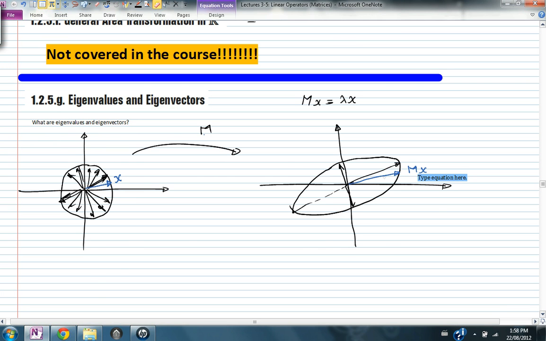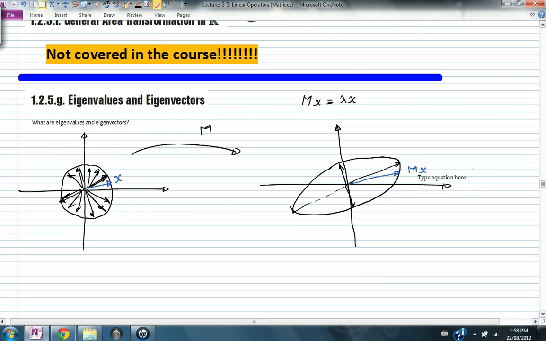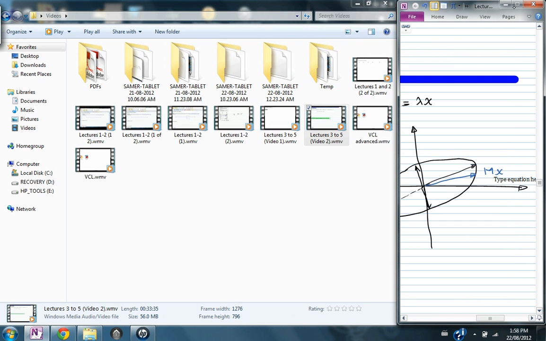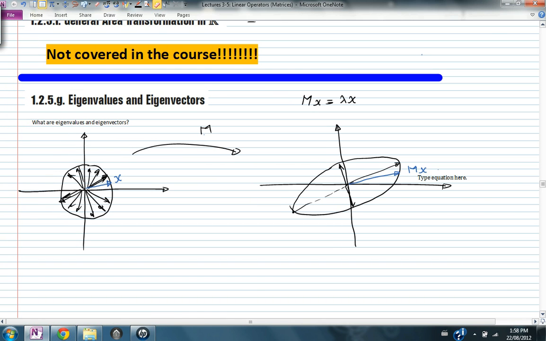What's unique about this image is that Mx is parallel to x, or in other words, Mx is linearly dependent on x, or Mx is equal to a number multiplied by x.